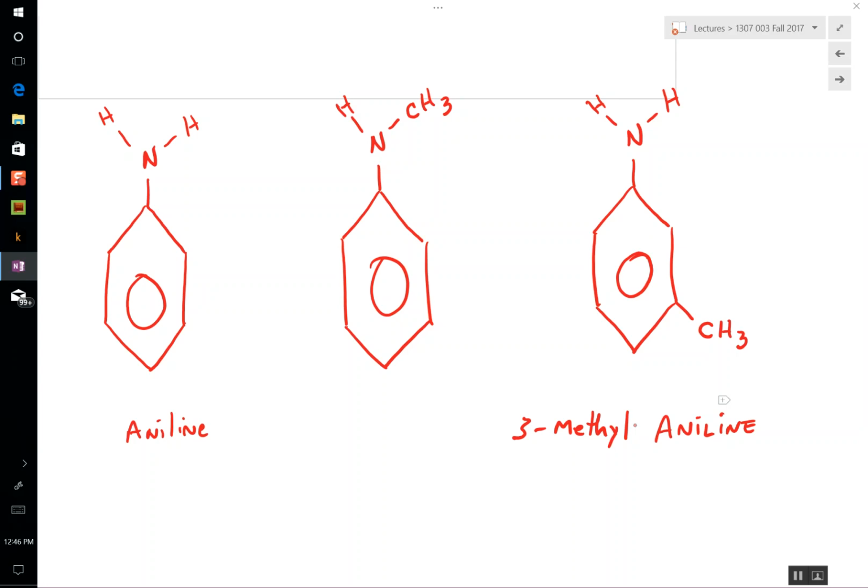But over here, we've got aniline, and we have a methyl group. Where is it attached? This is 1.